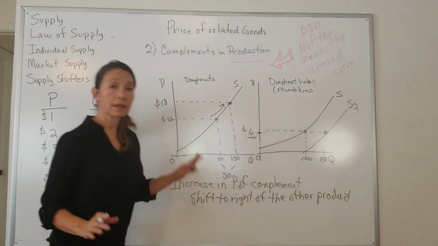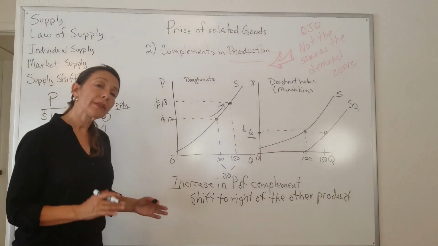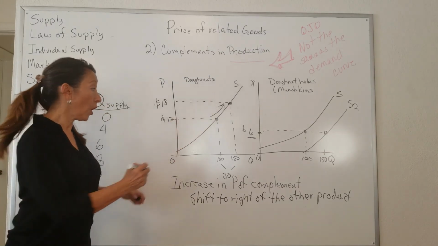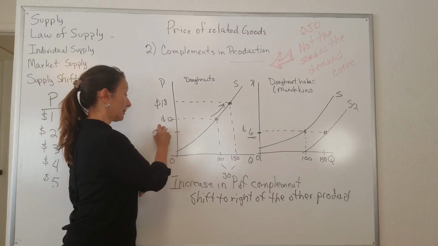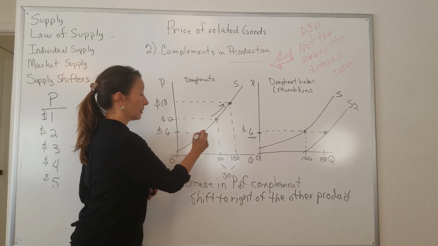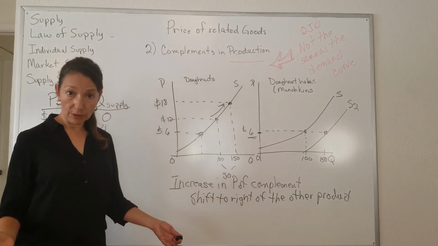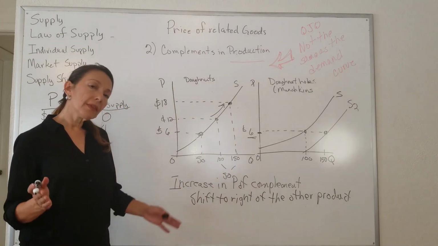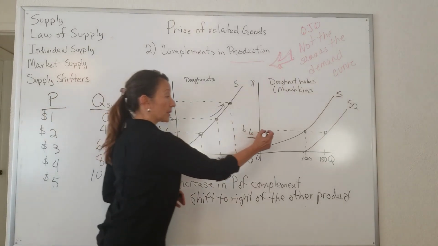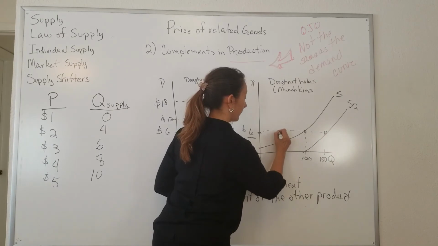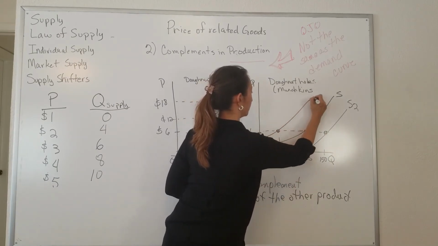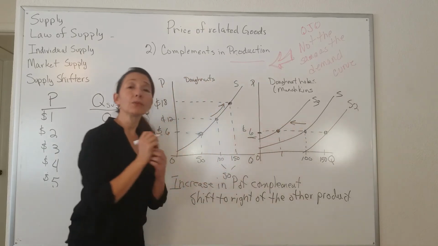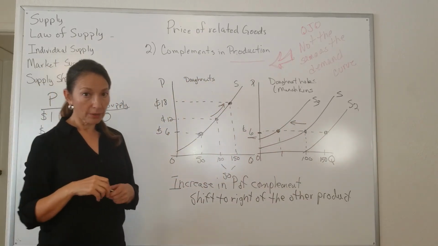Okay. And of course, this would go in the other direction as well. If the price of donuts were to fall to $6 a dozen, well, there would be a lot less donuts being produced, maybe 50 dozen, and then that would imply for the supply curve for munchkins that there would be a leftward shift of the supply curve of munchkins.